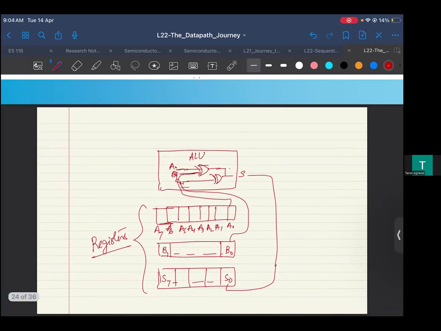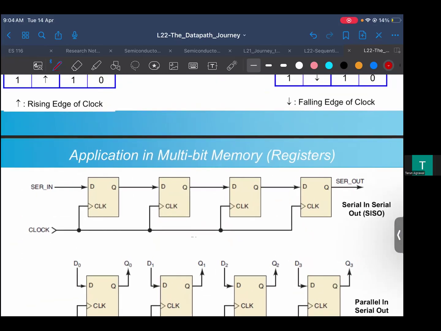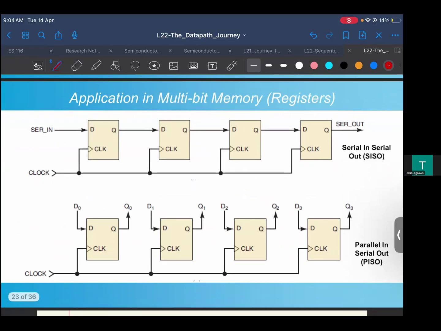So this register very simply can mean like this, where you are putting D flip-flops, because each flip-flop will save the data whenever your clock is triggering. These flip-flops are positive edge triggered, so they are collecting data when the clock is going from 0 to 1, and only then it registers data. So let's say when this clock goes from 0 to 1, you see the data is registered.